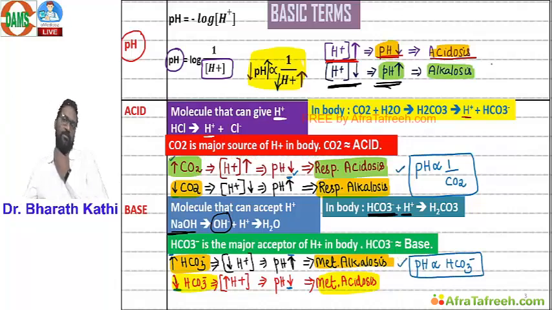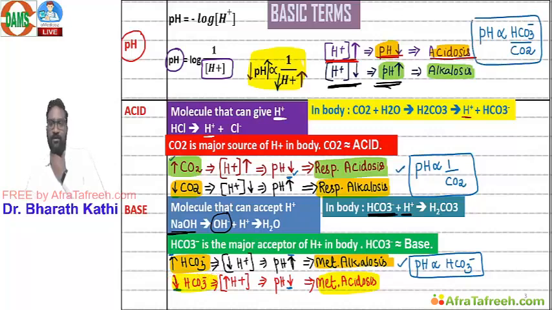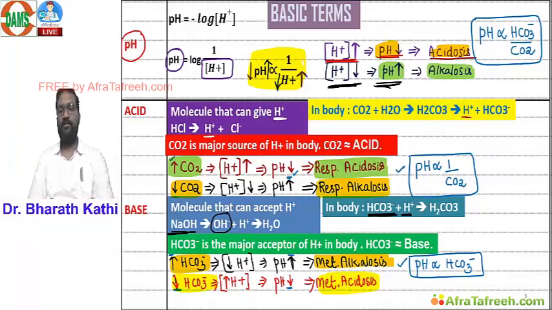Now I am going to merge these two. pH is directly proportional to bicarbonate, inversely proportional to CO2. This is the most basic relationship in ABG.